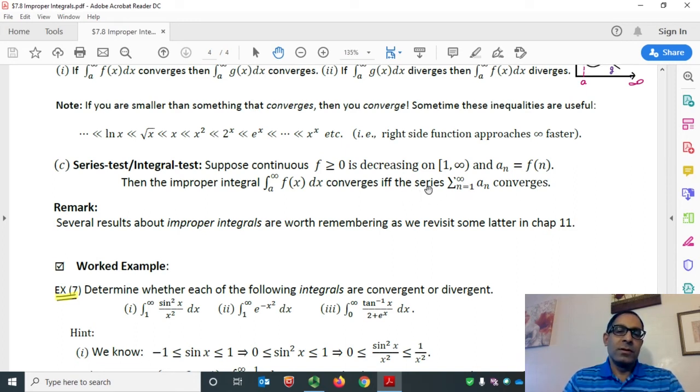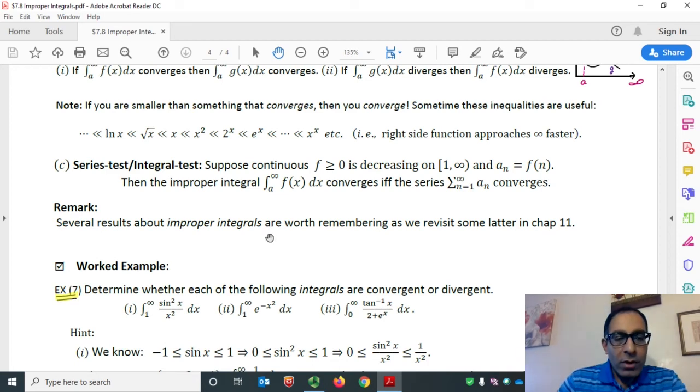I have not talked about series, but you have seen this series notation in Riemann sums in calculus 1. That's the sigma notation, with a_n where n is the index. So if you put n equals 1, a1, then sigma means plus, n equals 2, a1 plus a2 plus a3, blah blah blah. So that series converges if the improper integral converges.